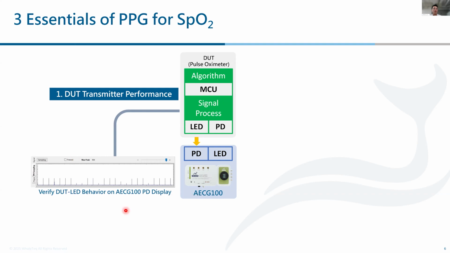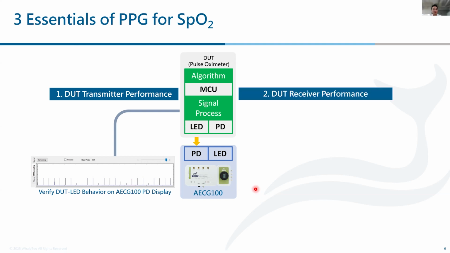All the pulses shown are actually the PD detection from the wearable device. So you can check if your LED behaves as you designed and programmed, instead of wiring your wearable device to an oscilloscope to see the electrical signal at each square wave that you push your LED. Now it's on the PD sampling window of the AECG 100.